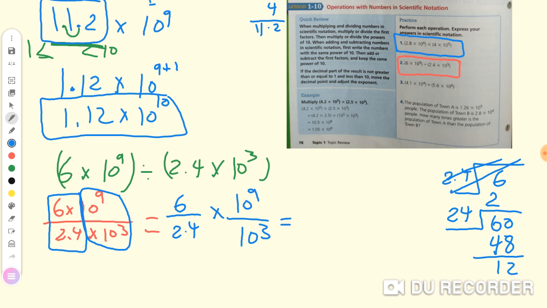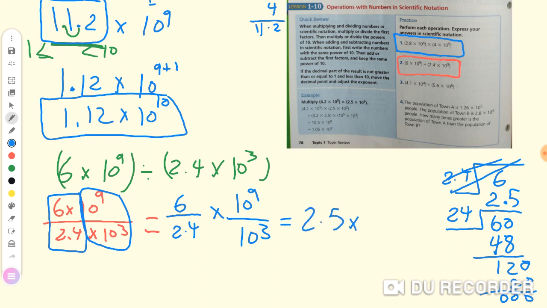Then 12 divided by 24 can't be, so put the point and put 0. So 120 divided by 24 is about 5. 5 times 24 is 120. Make subtraction: 0, 0, 0. So the answer is 2.5.